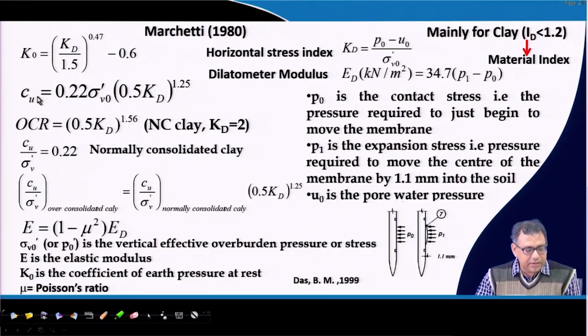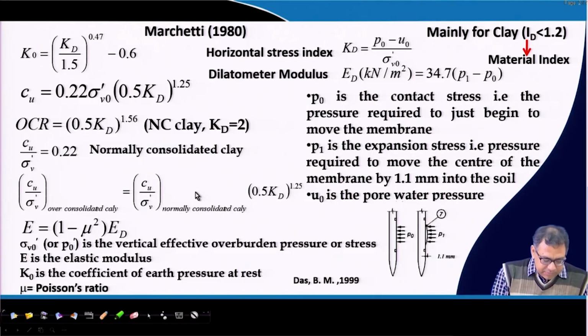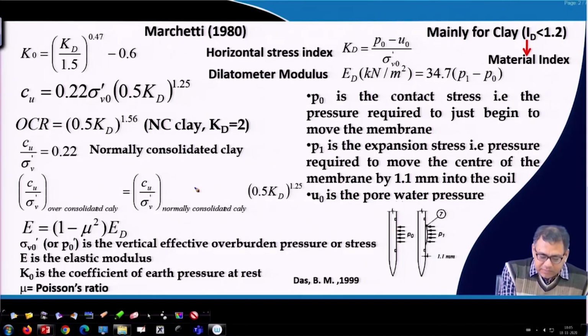If I get the undrained cohesion for the normally consolidated soil by using these correlations, then I can use this correlation to get the undrained cohesion for over consolidated clay also. That is the normally consolidated clay value into 0.5 Kd to the power 1.25.